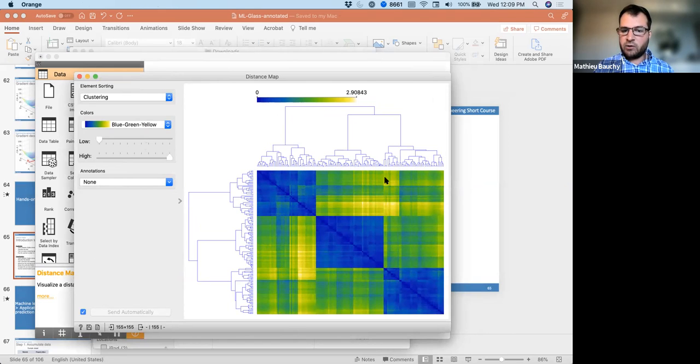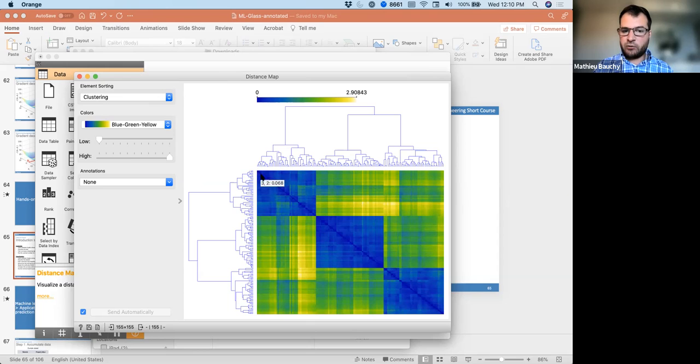Here, you get some kind of matrix where each line of the matrix is one glass, and each column of the matrix is also another glass. So each line is 1 data point, and each column is also 1 data point. And then for each pixel of this matrix, it shows you the distance between those 2 data points.